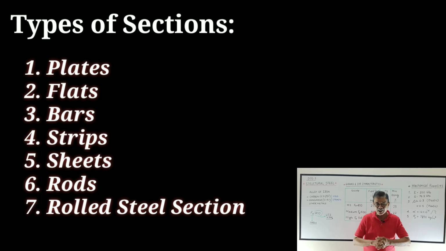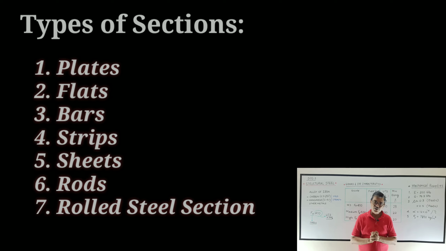So what are the different types of sections for structural steel? They are plates, flats, bars, strips, sheets, rods, or rolled steel sections.